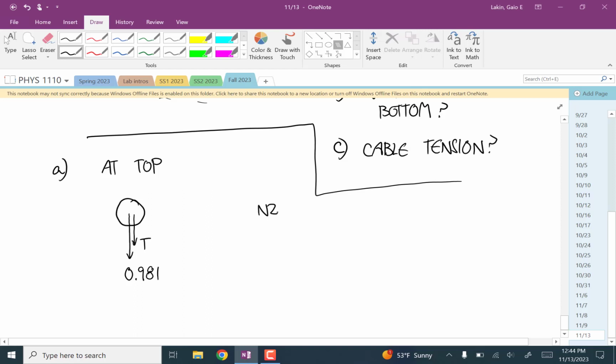And so Newton's second law says 0 negative 0.981 plus 0 negative T is equal to the mass times the acceleration.